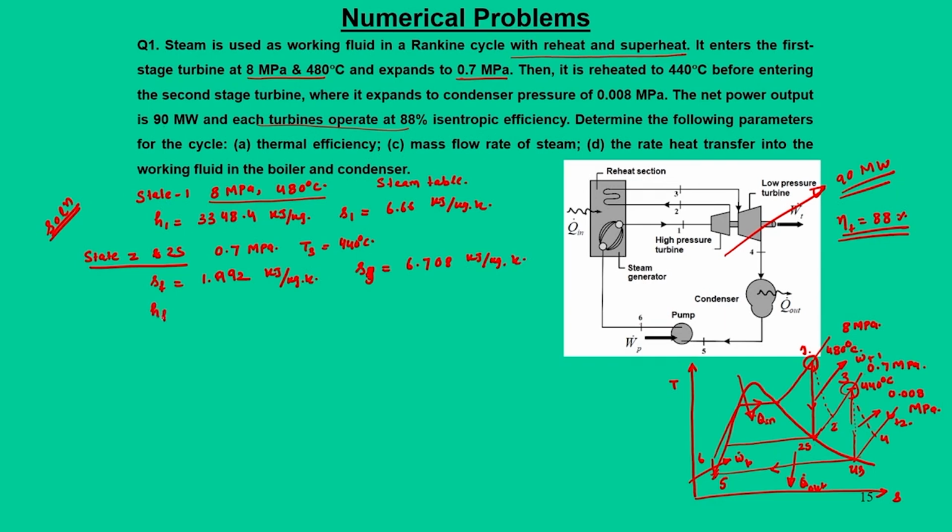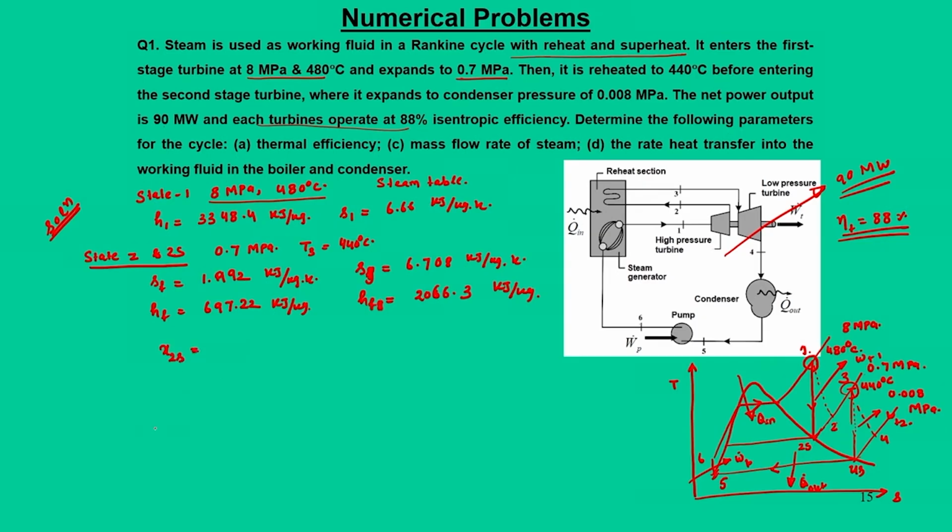Again we have Hf equal to 697.22 kilojoule per kg, and Hfg equal to 2066.3 kilojoule per kg. So, we have all the data right now. What we can now find out is X2s.